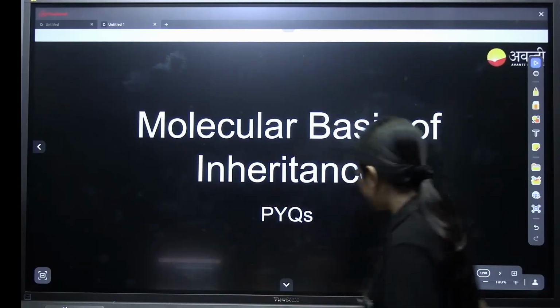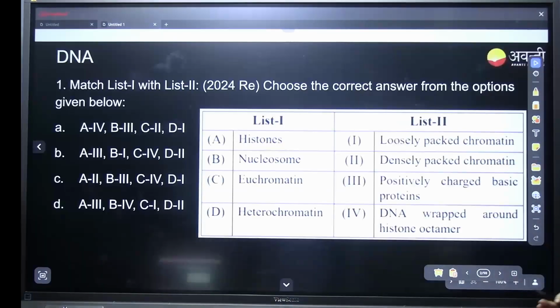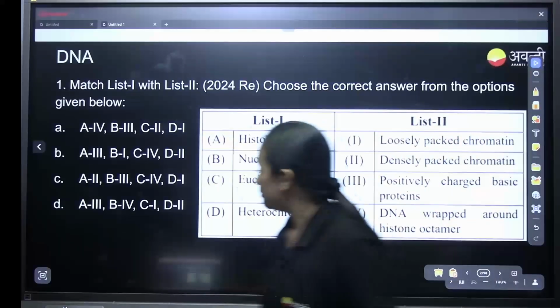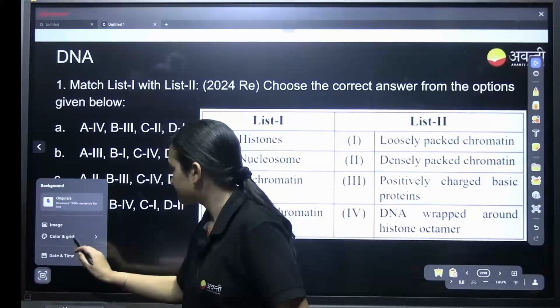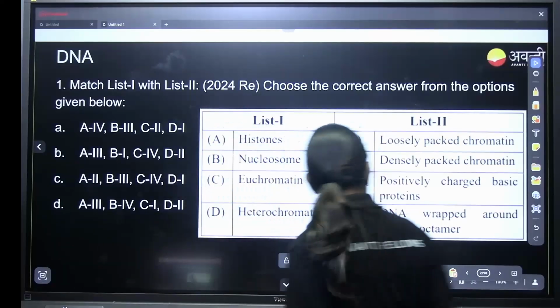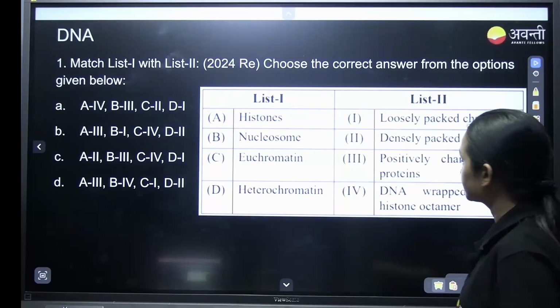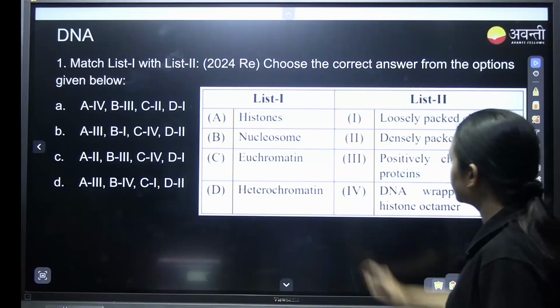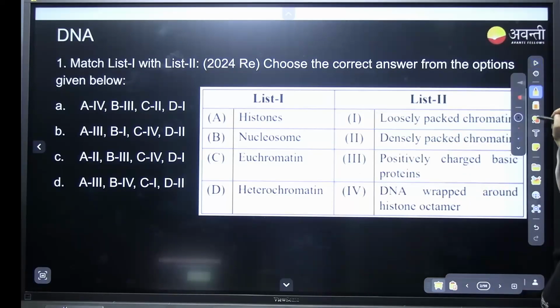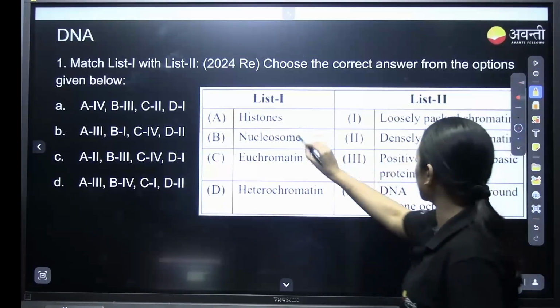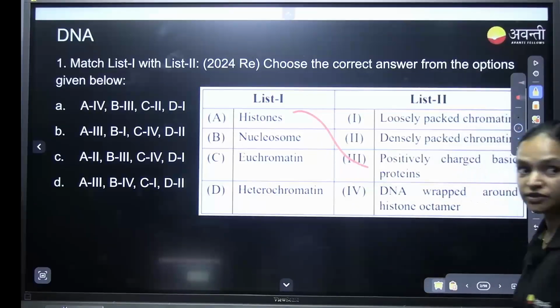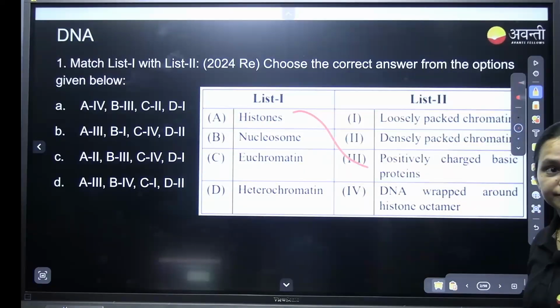Our first question is, match the list 1 and 2. Histones are positively charged basic proteins.